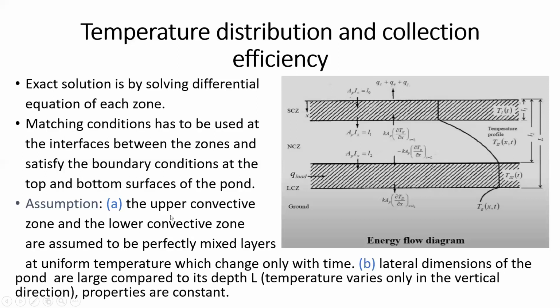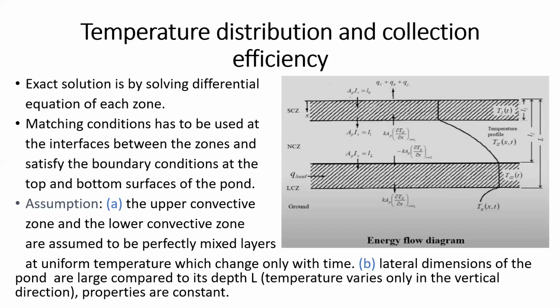The first assumption is that the upper convective zone and the lower convective zone are perfectly mixed layers at uniform temperature, which changes only with time.